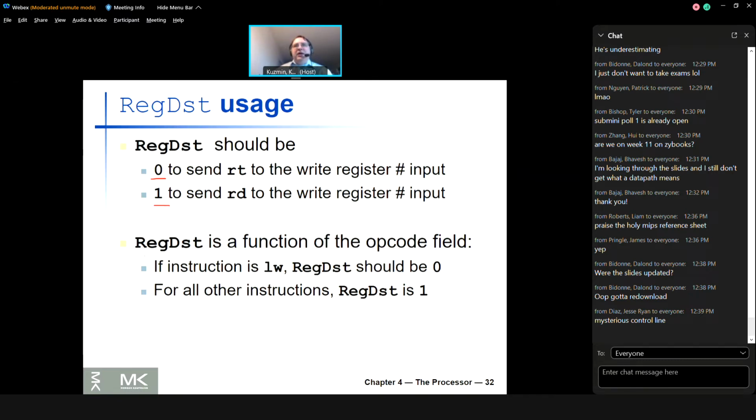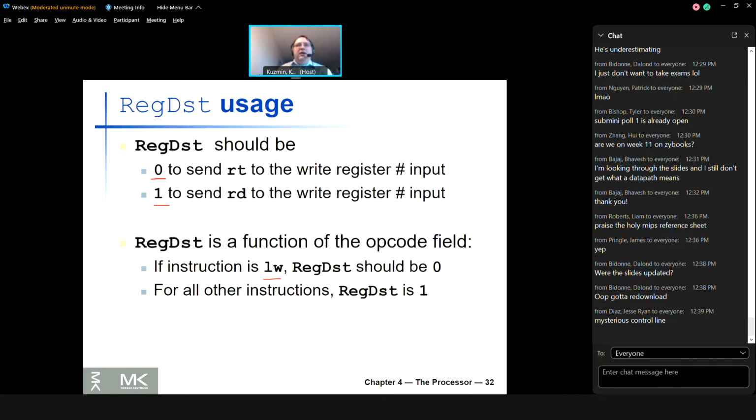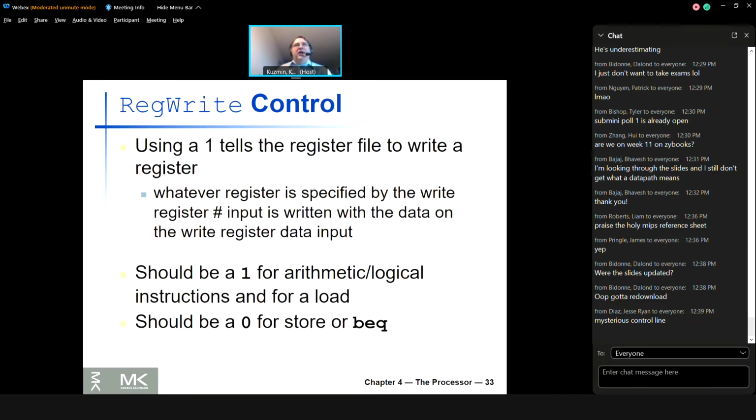So how do we produce this control signal? Reg DST is a function of the opcode field. If the instruction is LW, then register DST should be 0. So that confirms my suspicion that, of course, this was a typo. And for all other instructions, reg DST is 1, because load word is the only exception.